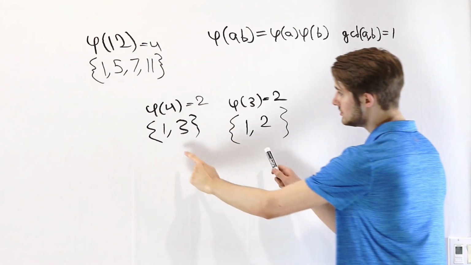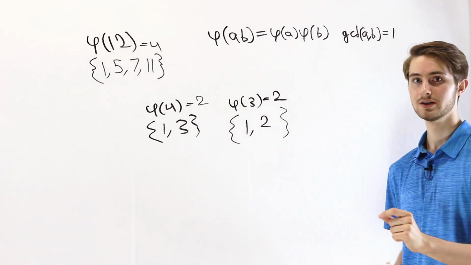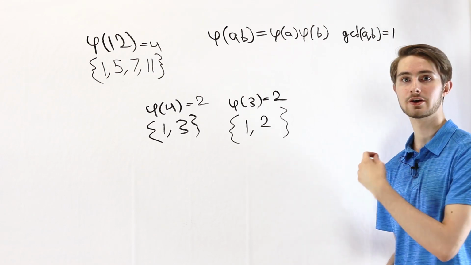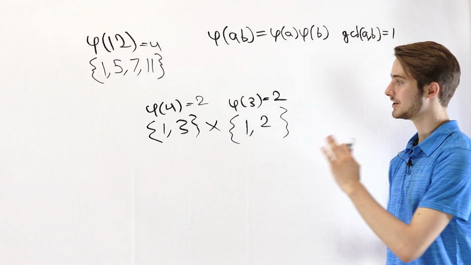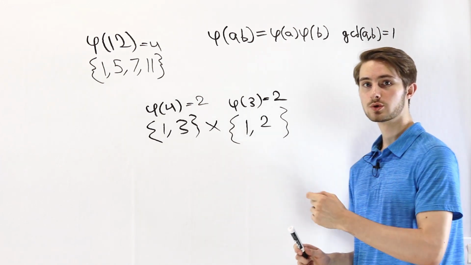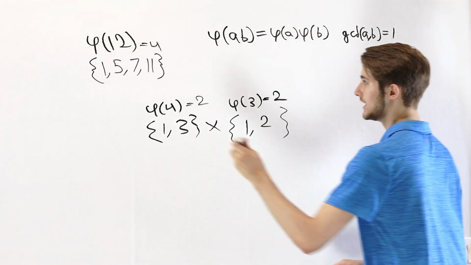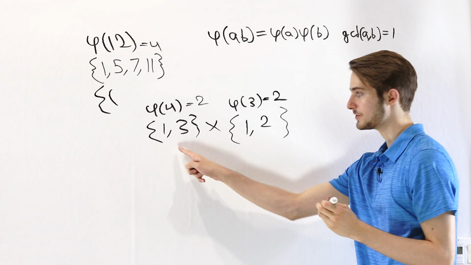We're going to take these two sets and combine them by turning them into ordered pairs. If you're familiar with set theory, we're doing a Cartesian product, which looks like this, but you don't need to know that to understand what's going on here. So again, we're going to construct a new set that has ordered pairs in it. And the way that we'll do that is we'll take the first number in the ordered pair from the first set.